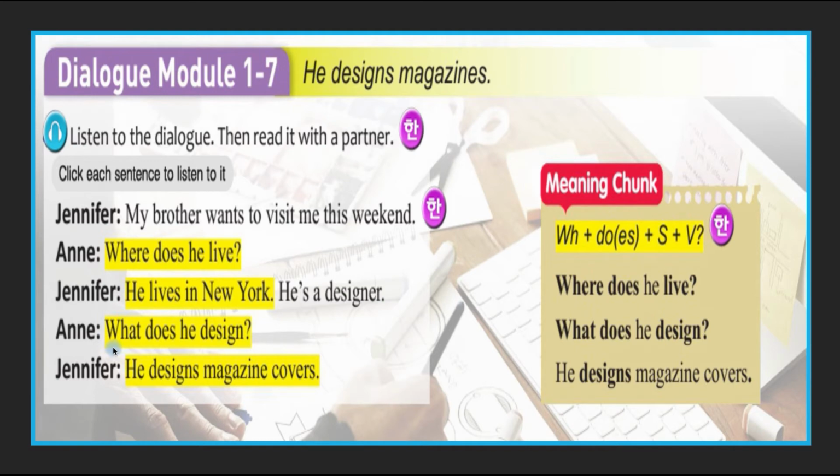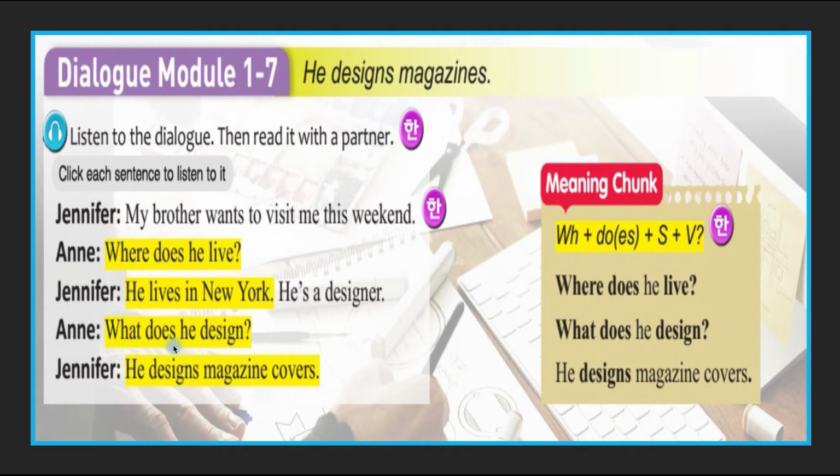Then Anne's second question. What does he design? Why is she asking this question? Because Jennifer says he's a designer. So Yonghee, who's he? Jennifer's brother. So Jennifer's brother is a designer. So Anne says, what does he, Jennifer's brother, design?